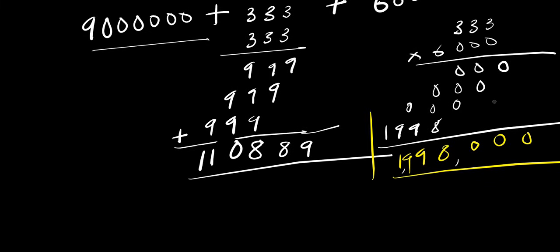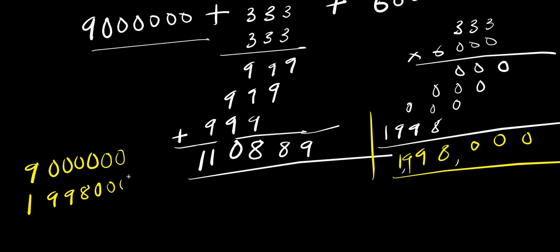So we have 9 million, this is 1,998,000, this is 110,000 and 89. So we can add up this together.